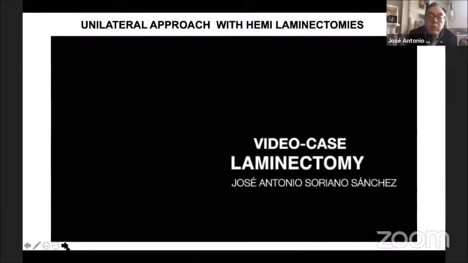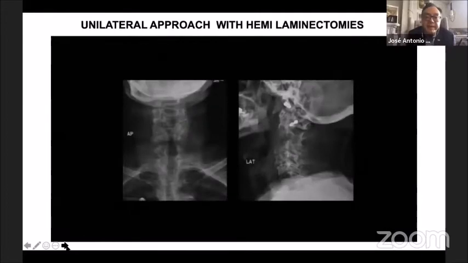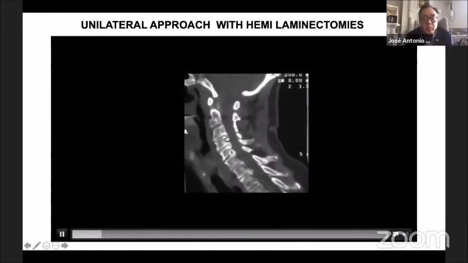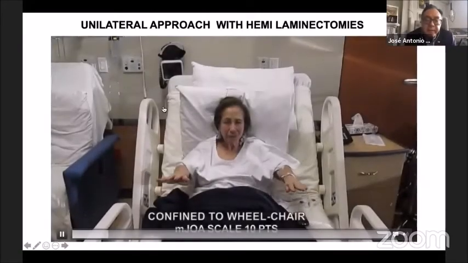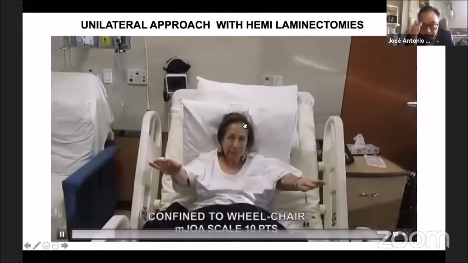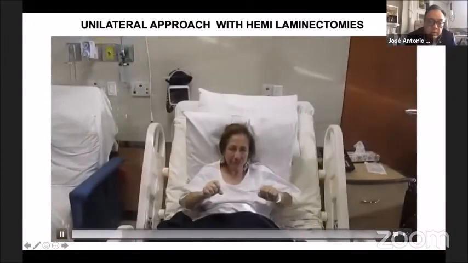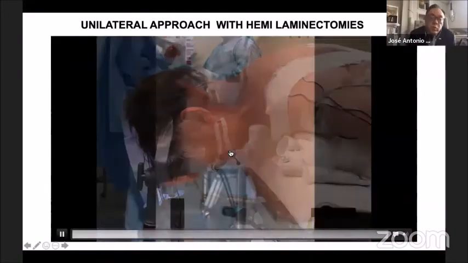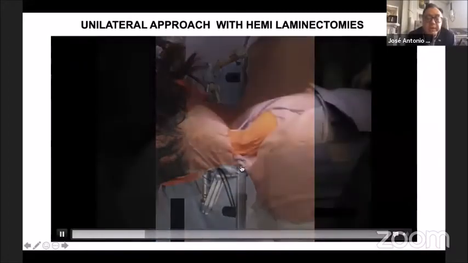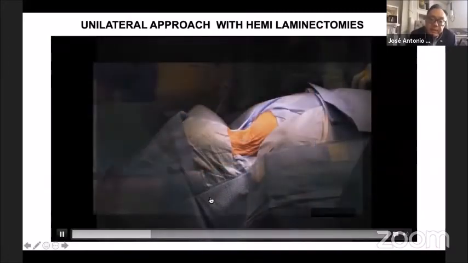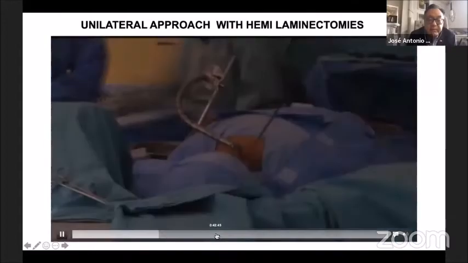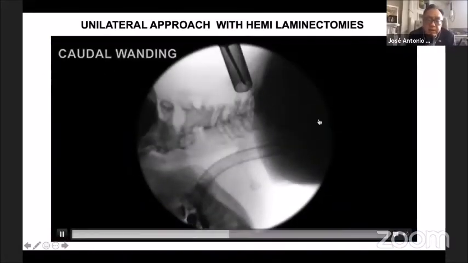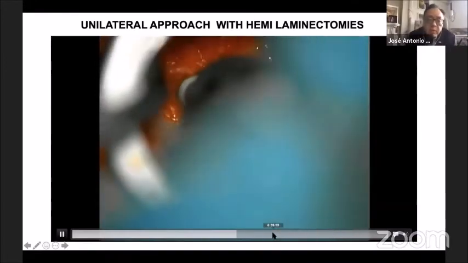In other, worse cases, it's mandatory to make a laminectomy. This is a patient with a multilevel compression in a very rigid spine, without any instability, a patient with a very bad clinical picture. This is the neutral military position, and then we can achieve widening in a craniocaudal way.